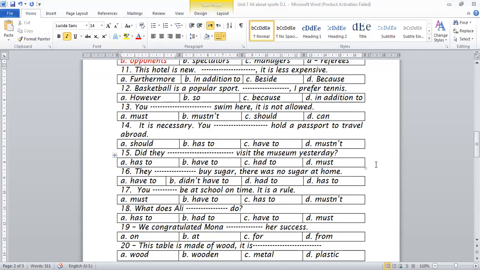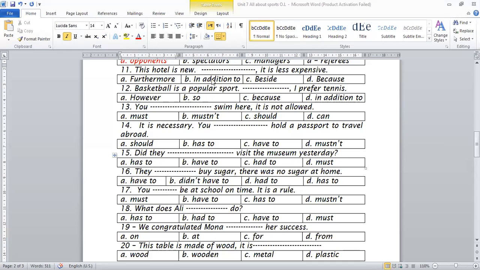Number 11, yes, this hotel is new. Zena.